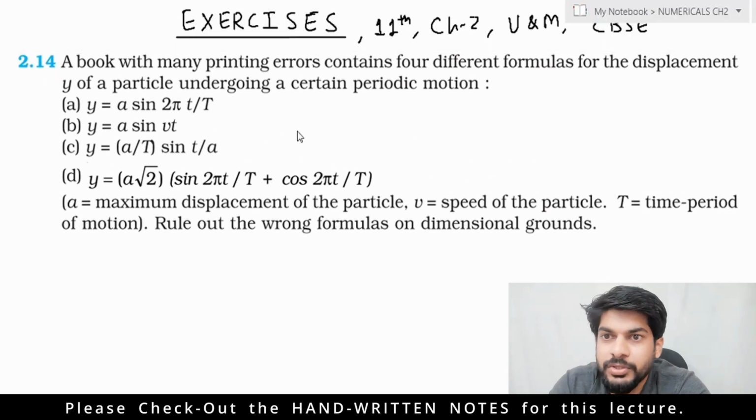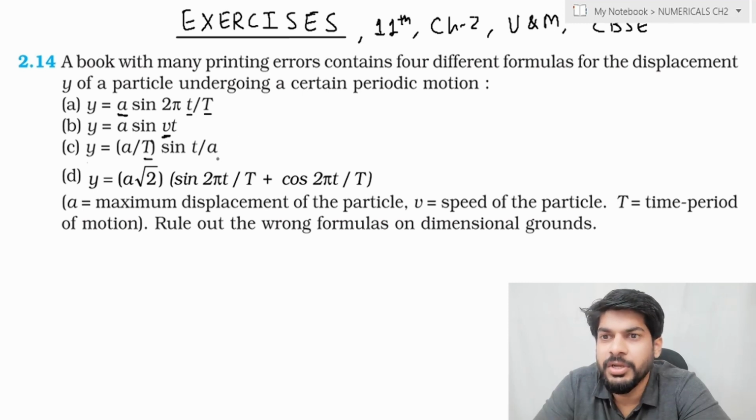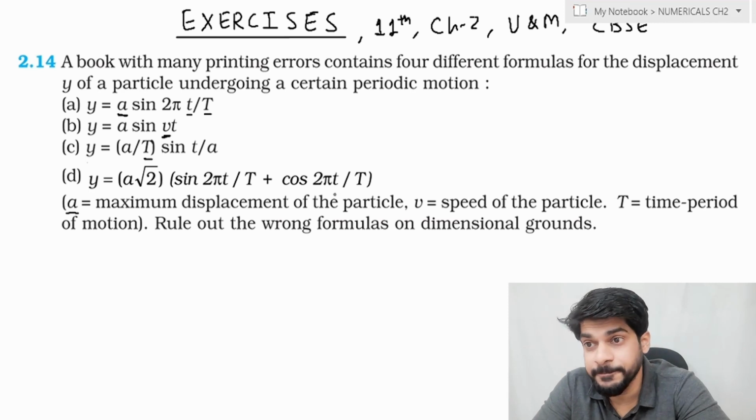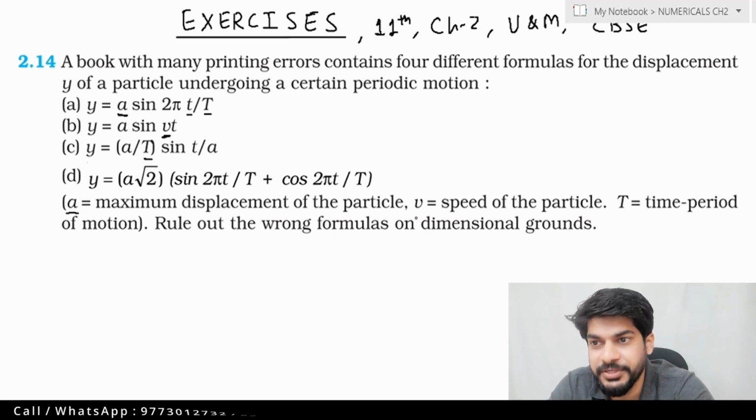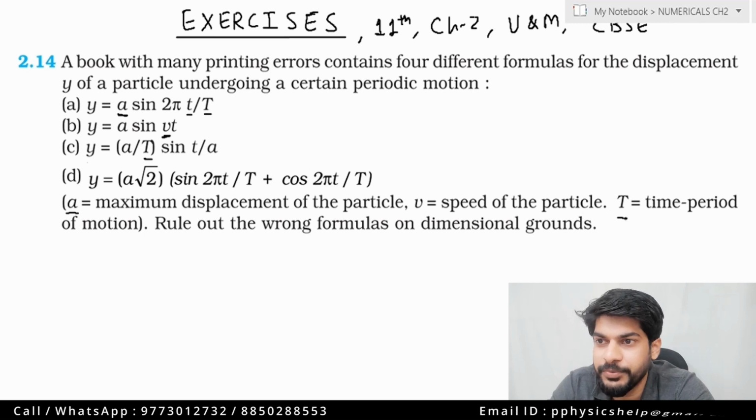Here you can see some quantities, like A, there is capital T, there is v here, and capital T again here. So what are these? A is the maximum displacement of the particle, v is the speed of the particle, T is the time period of motion. So these are the few things that are given to us.